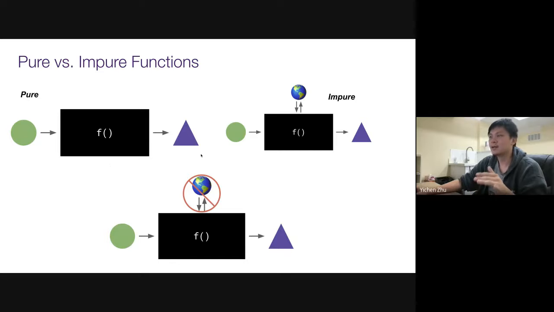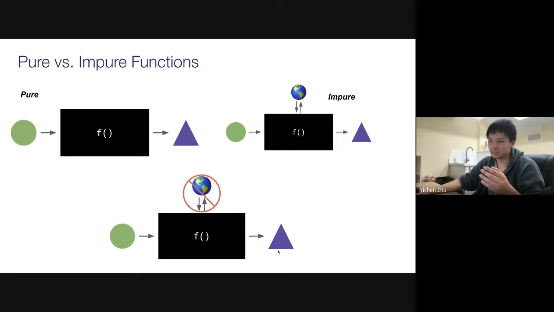Whenever it becomes impure is when the function is creating some sort of side effect, right? Let's say we have the same function that does the exact same thing, but inside it we change something, modifying something outside the scope of the function itself. That would be considered an impure function.